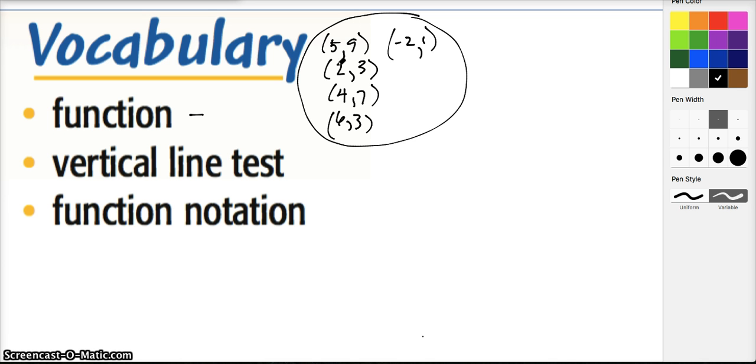I believe I did this with your class. I don't know if you remember, but we talked about birthdays. Let's say the x value was a person's name and the y value was their birthday. So for me, my name is Dion and my birthday is October 17th.